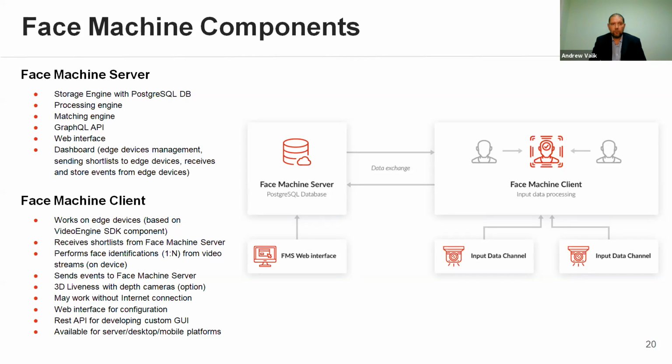So it receives a shortlist from the Face Machine server, performs one-to-many face identification from video streams, sends events to the Face Machine server, sends events to your application by REST API, and can call special external scripts on some events.